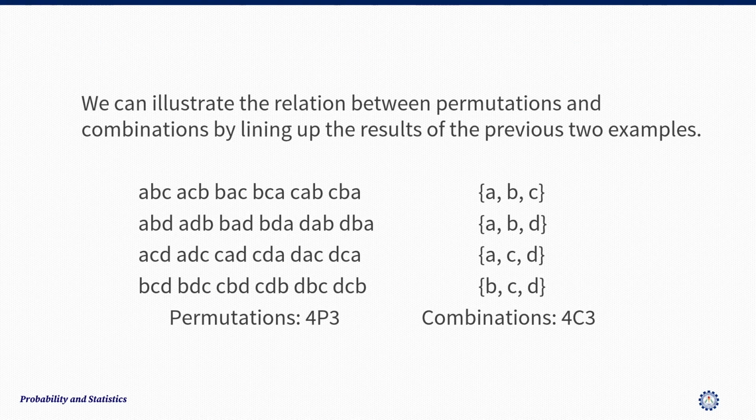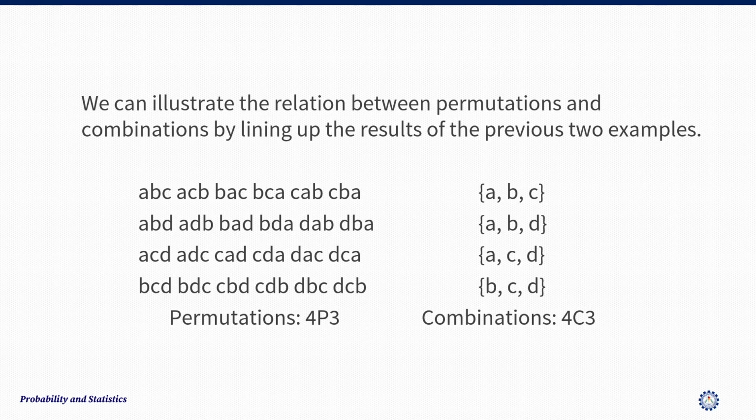So we can illustrate the relationship between permutations and combinations by lining up the results of the previous two examples. For permutation, we have 4P3, the longer list: ABC, ACB, BAC, and so on. For combination, we have these four subsets.